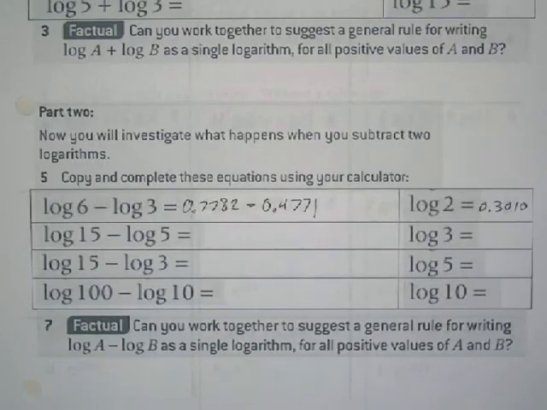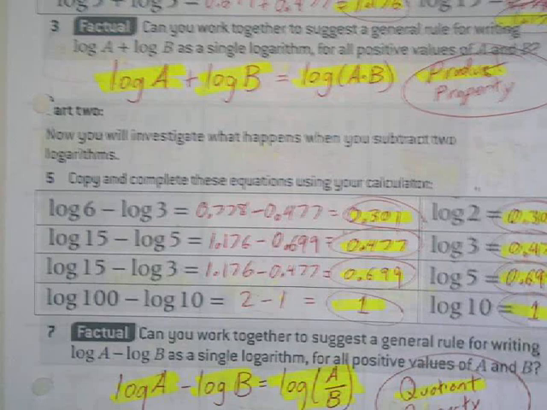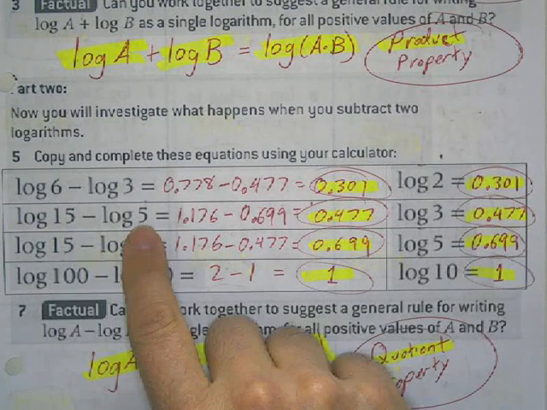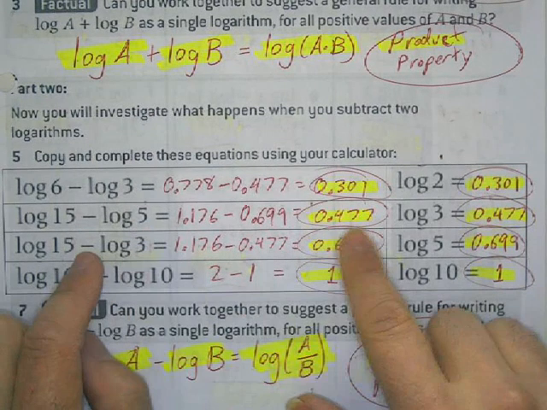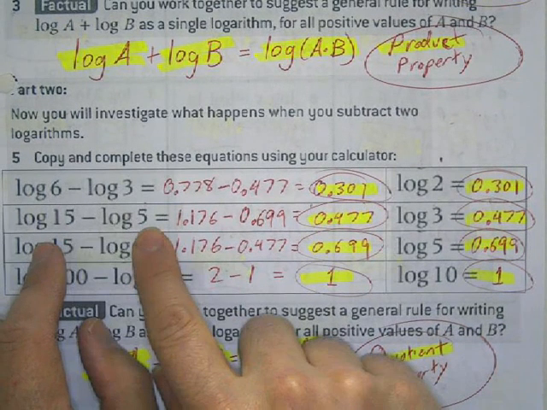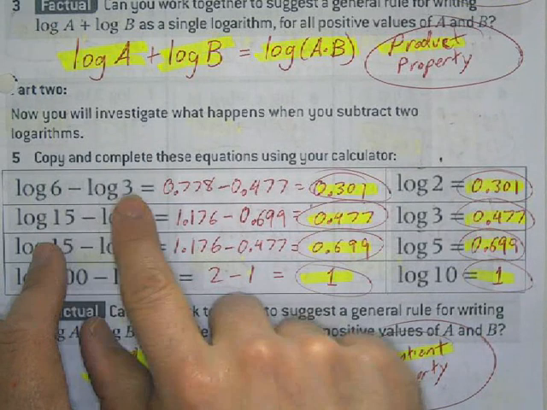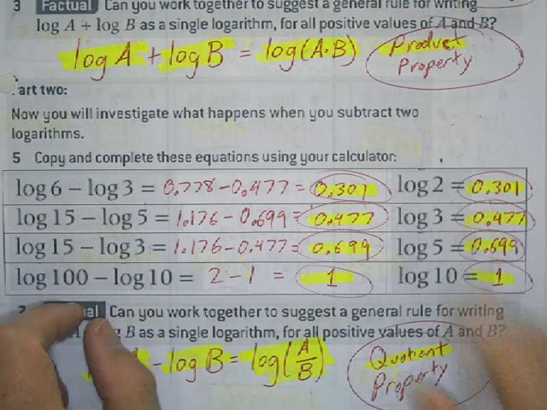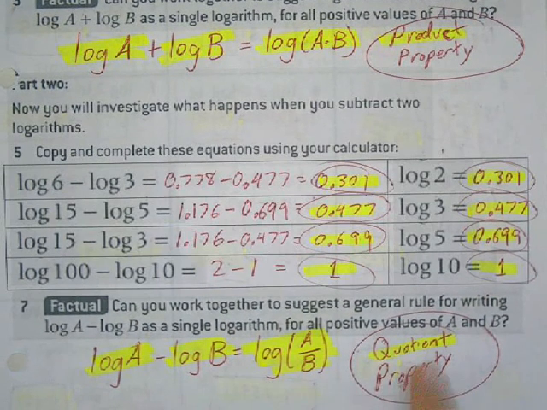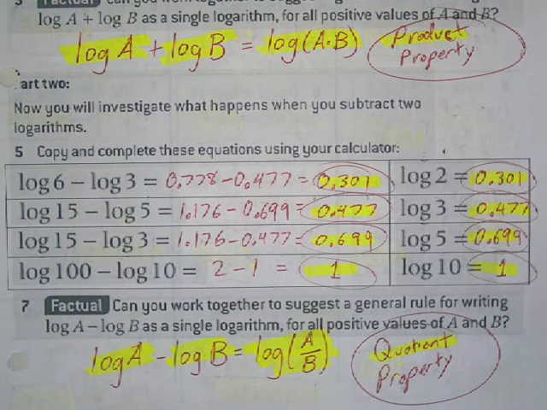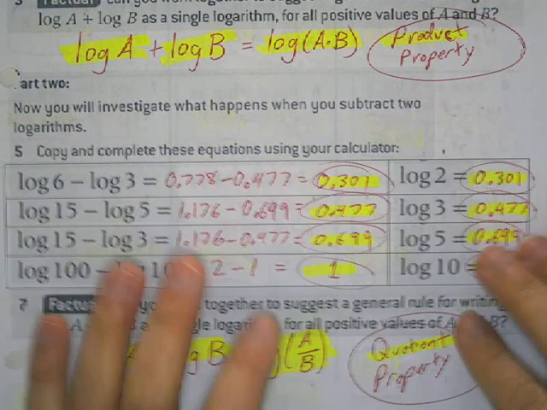Now that you have hit pause, I'm going to show you the answers. What you should notice is that when you've got log of something minus log of something else, you get the same result as if I did this value divided by this. 6 divided by 3 gave me log 2. Log 15 minus log 5 gave me log 3. So this is called the quotient property for logarithms. It works very similarly to the product property, and we're going to be practicing both of these properties today.